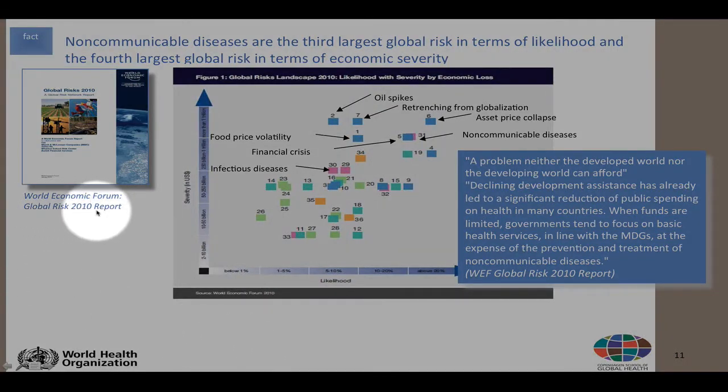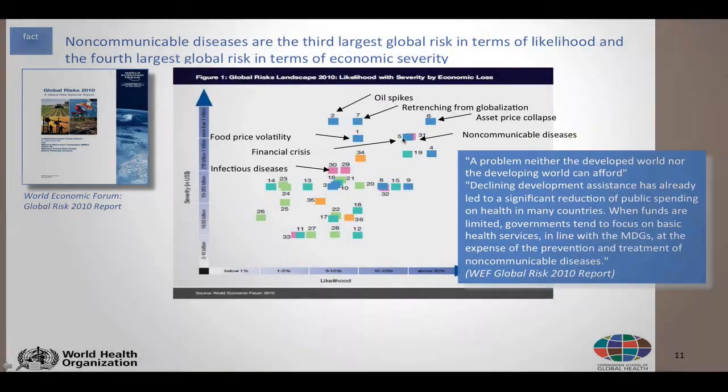They're doing this now every year, where they looked at different risks in terms of their severity, the damage in US billion dollars, versus the likelihood that those events would occur. And NCDs are, unfortunately, or fortunately for lobbyists, you could argue, in the top right corner, close to the asset price collapse.